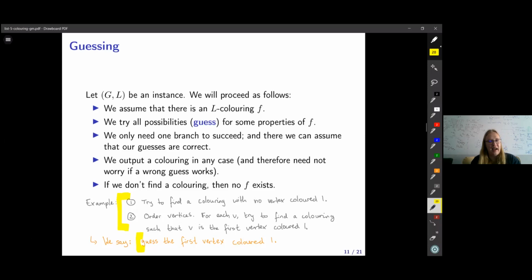It's scary to say guess something and what if there's no coloring, but it works. It works because of this soundness that if we find a coloring, there's a coloring, so we have nothing else we need to do. And if there wasn't a coloring, then by restricting the instance further, we won't suddenly make there be a coloring that wasn't there in the beginning.